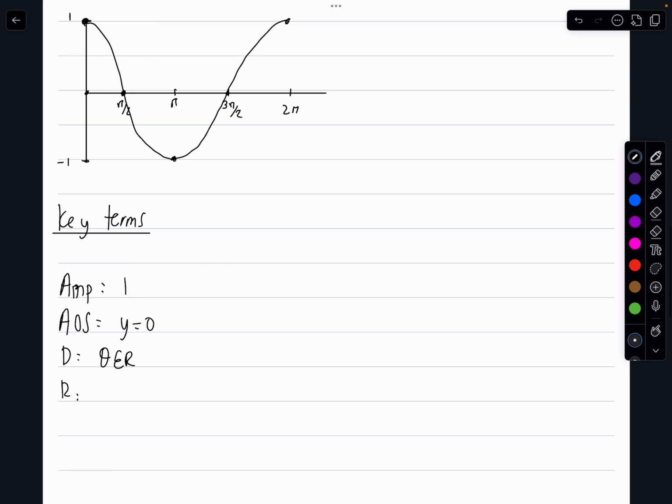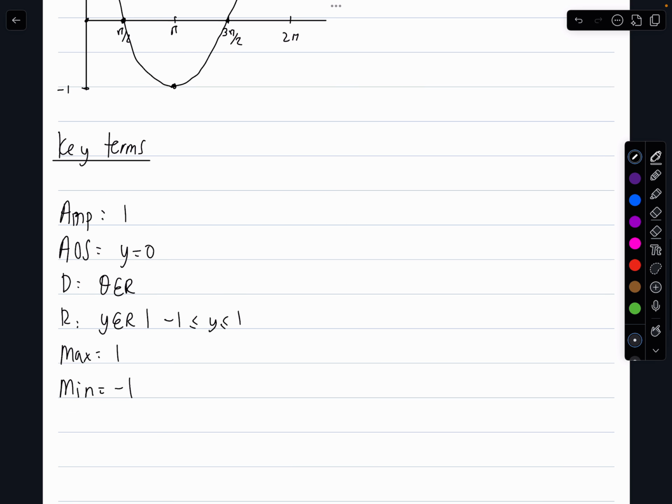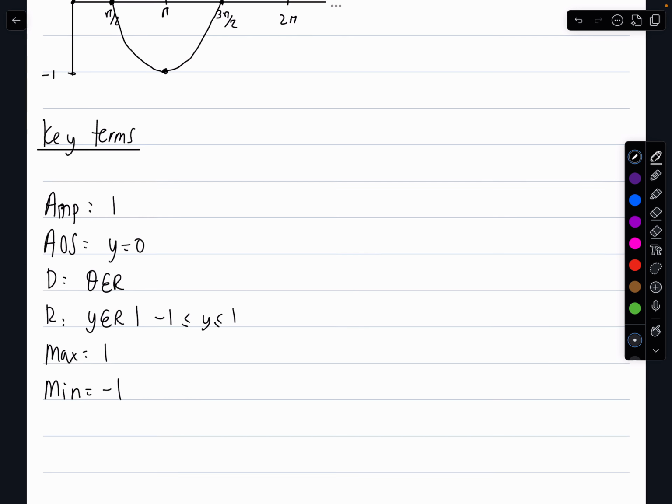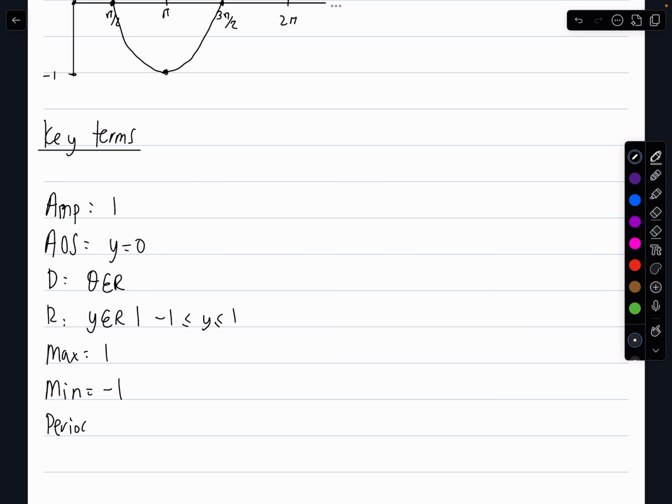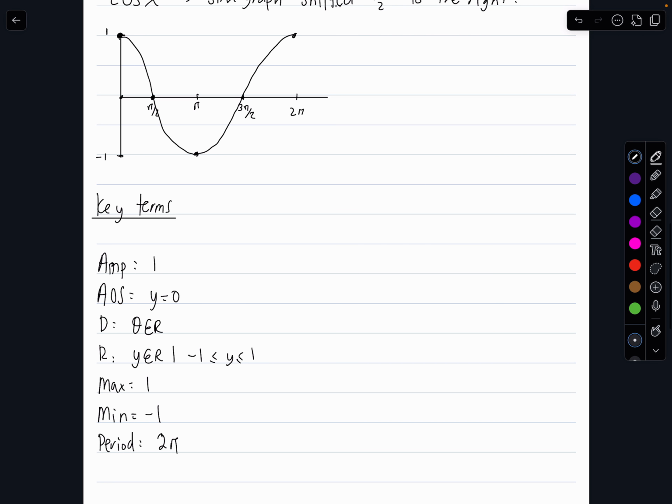So the domain is all real numbers. The range is y is an element of the real, where it's between 1 and -1. You have the max, which is at 1, very similar to the sine graph. You have the min, which is at -1, also very similar to the sine graph. And the last thing is the period, which is 2 pi, also very similar to the sine graph.